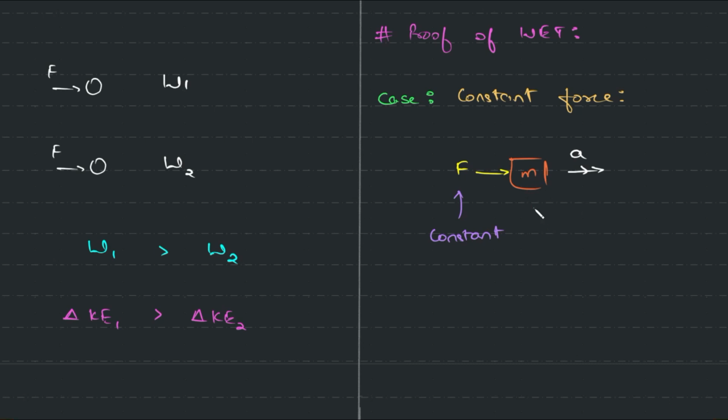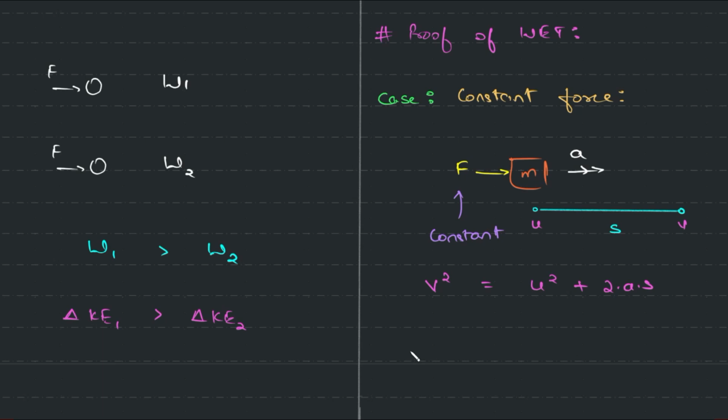Say it covers a distance of s, and the body changes the velocity, say from u to v. So with all of this in mind, we can relate all of this as v square is equal to u square plus 2 into a into s.